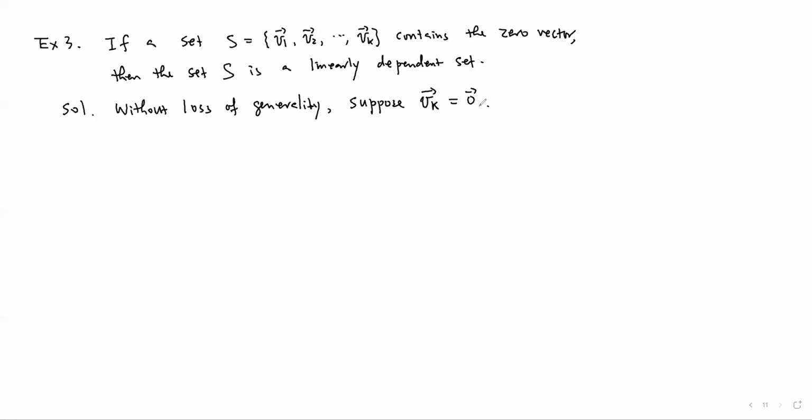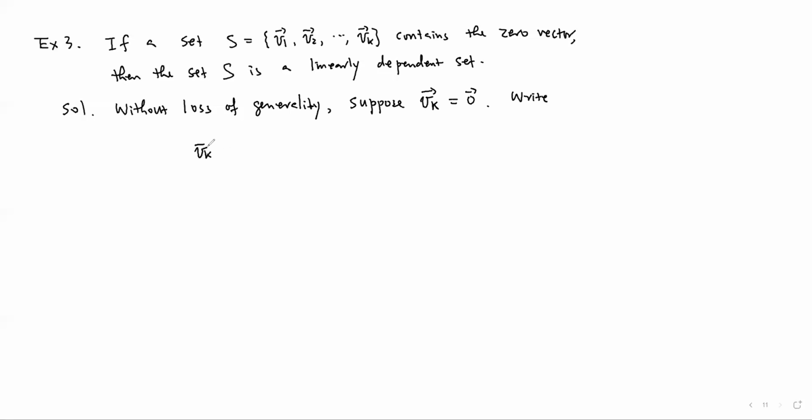Now, let me write Vk as a linear combination of V1, V2 to Vk minus 1.